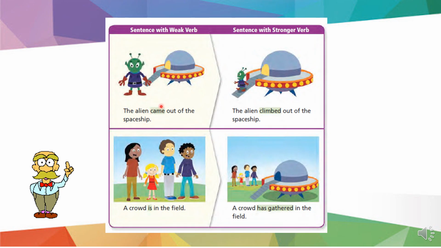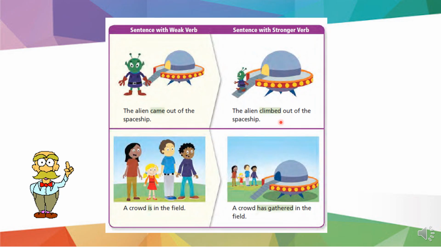But then, if you want to add more flair to your sentence, you want to add more action and flavor to it, then you can say instead, the alien climbed out of the spaceship. So in this case, you have the verb climbed out, okay, and your readers could visualize better what your subject is doing. If you want to be more fancy about it, then you can also say the alien disembarked from the spaceship.